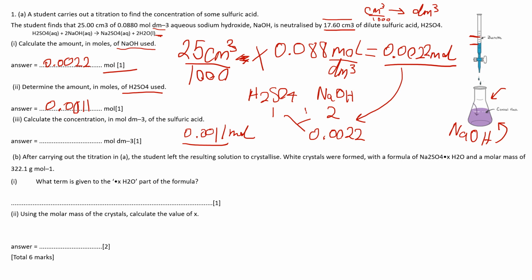Right, so let's do that. If we plug that into a calculator, we get 0.0011 divided by 17.6 over 1,000, which is 0.0625.